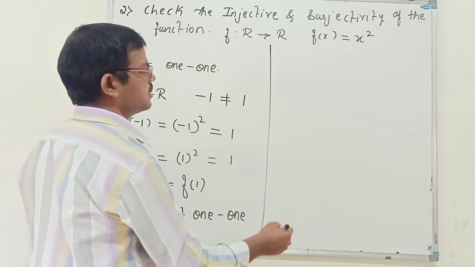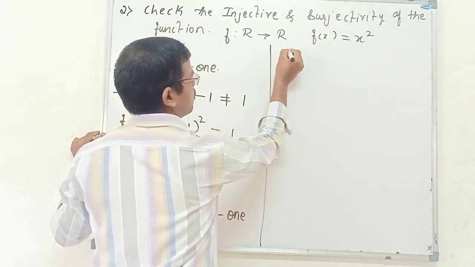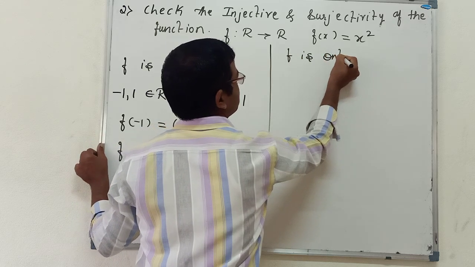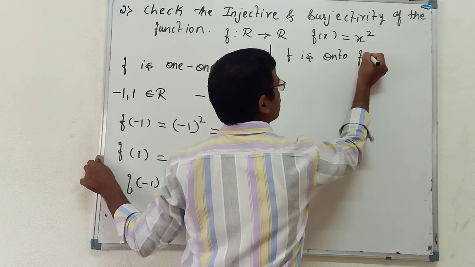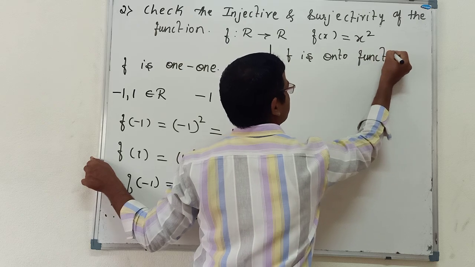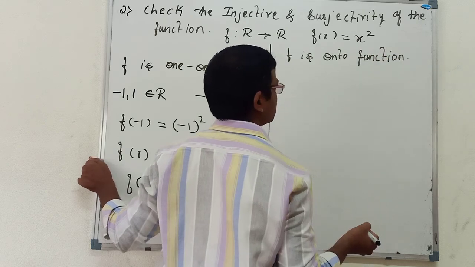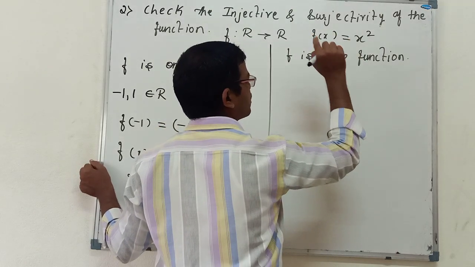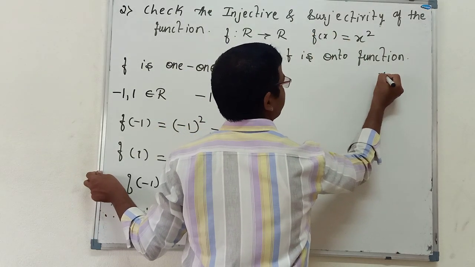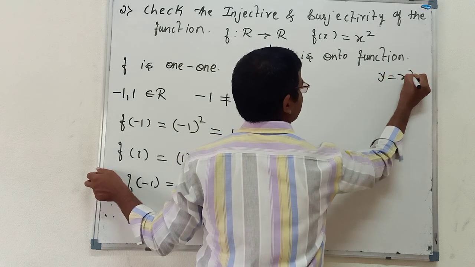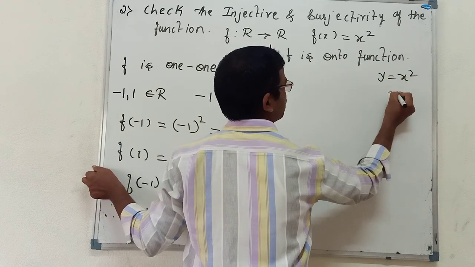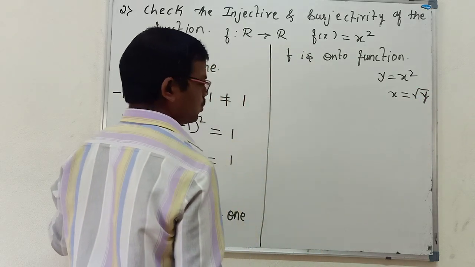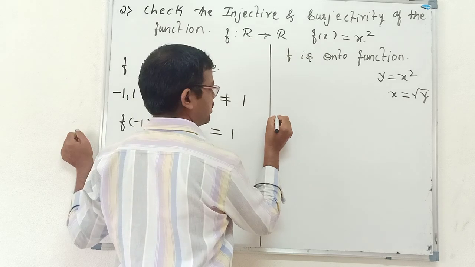Next we move to whether f is onto. F is an onto function. For finding the onto function, we have to convert x in terms of y. So here y is equal to x square, so x equals root y. Then what is the statement we have to write?